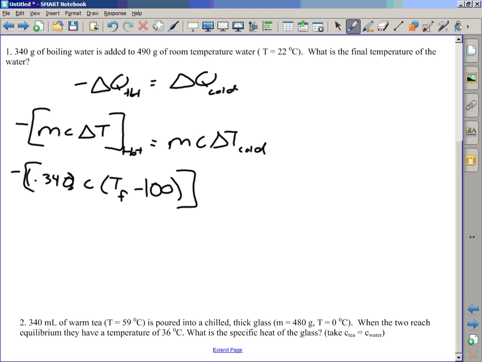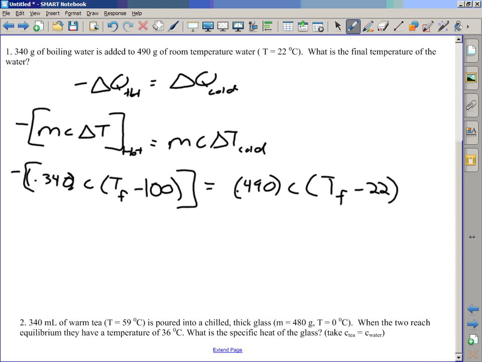Okay? Equals mass of the cool water, 490. Specific heat of water, C, and it's going to cancel out for me, times delta T. Oh, thank you, 0.49 kilograms. Change in temperature: final, what I'm looking for, minus initial, 22.